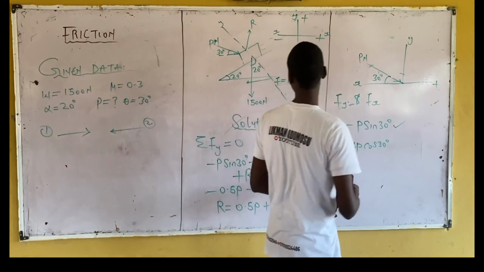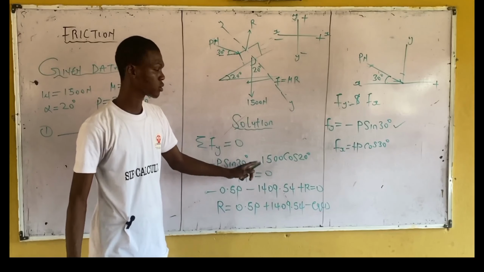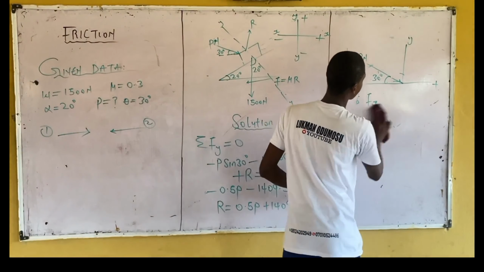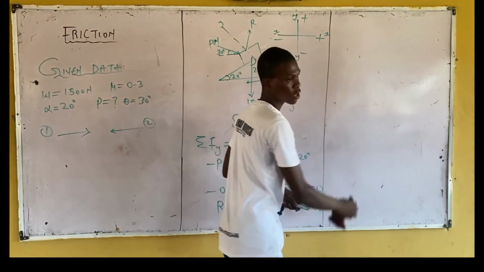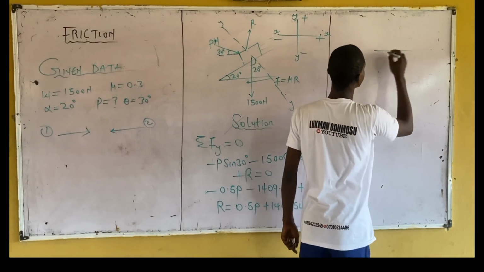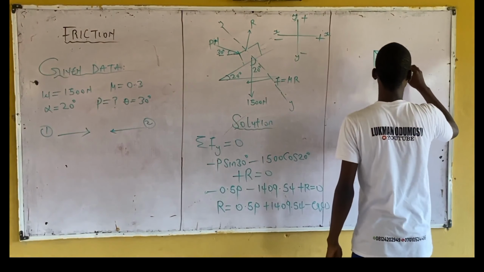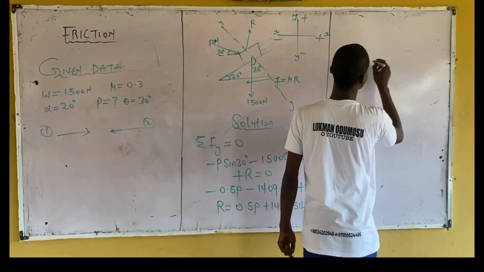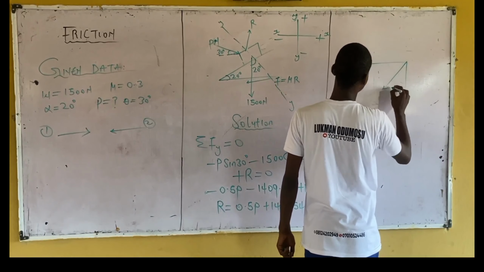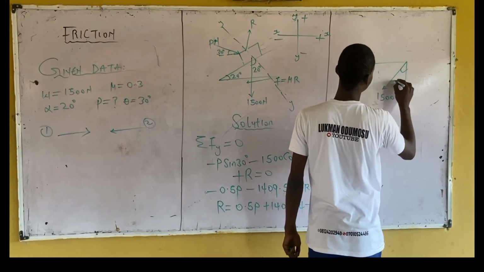But let me explain how we got negative 1500 cos 20 degree, because some people might not still understand it. So this is how it works. Just from what we did previously, you are going to bring it out. You can relate it to something like this. This is 1500, and this is your angle 20 degree.